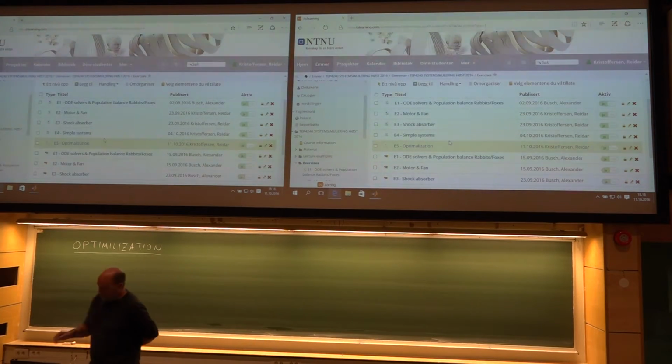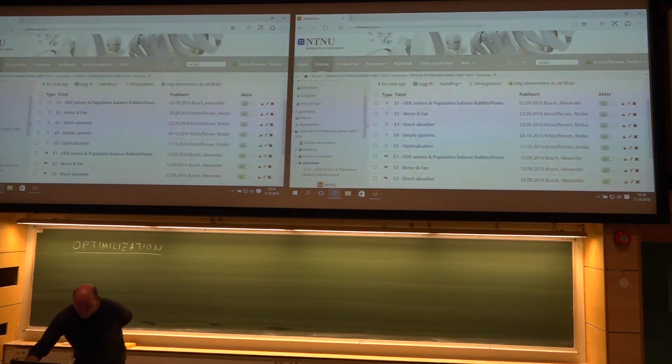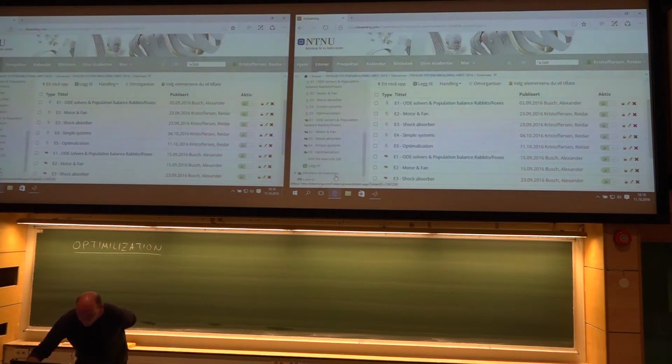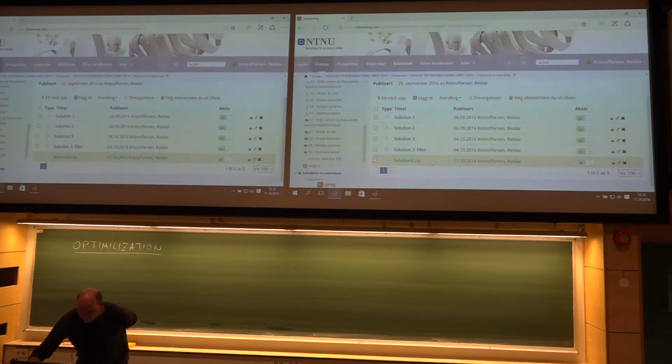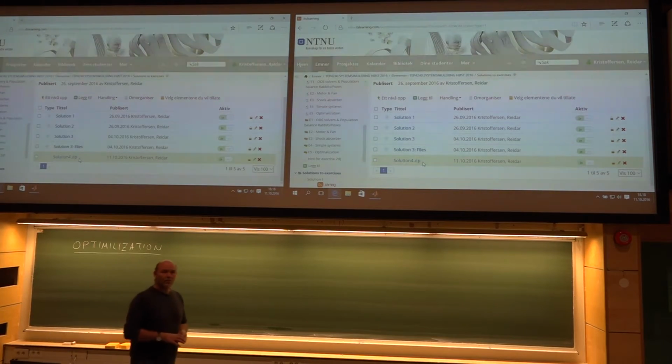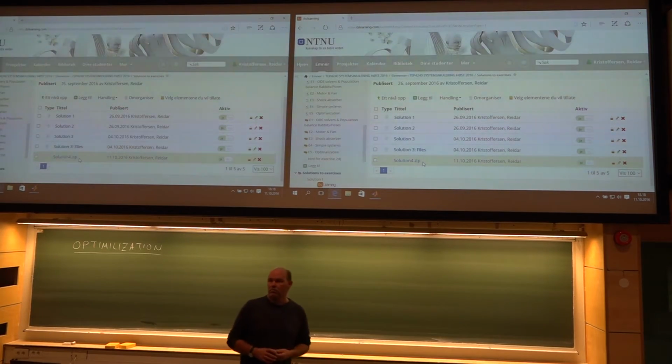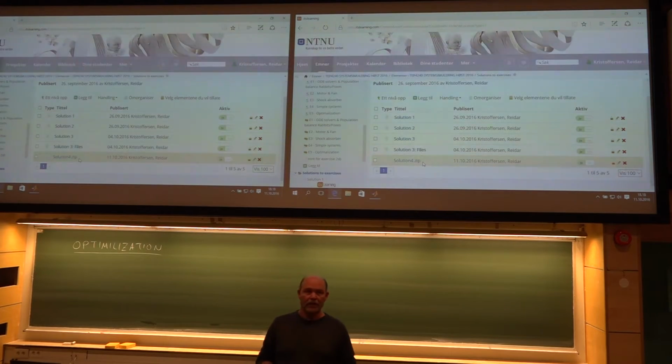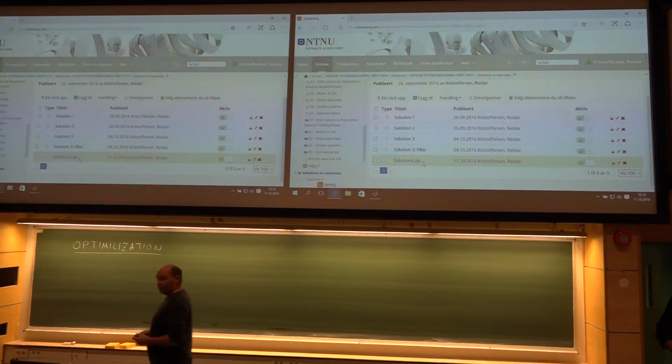Just remember, the solution for exercise 4 is a bunch of executable files that can be run on Windows. So if you're having MATLAB or Linux on your machine, then you have to run it in a Windows virtual box or something.